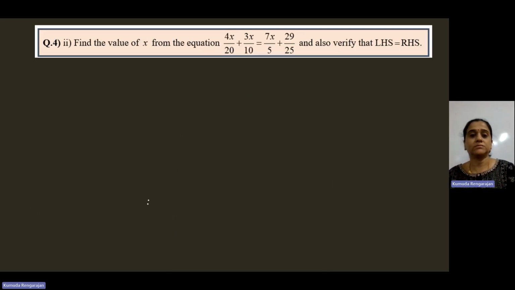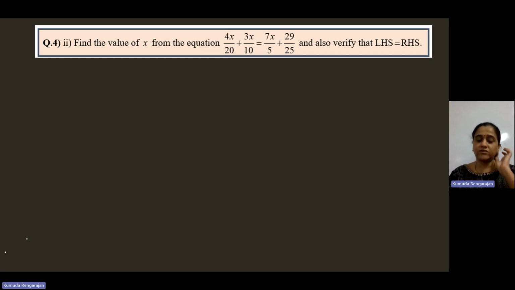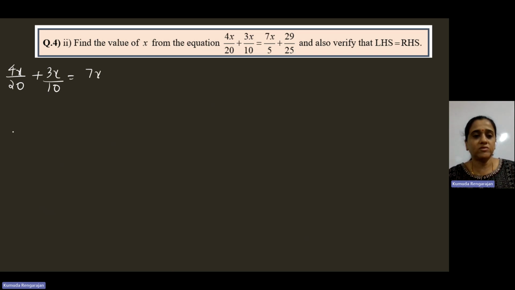Okay, next one. Find the value of x from the equation and also verify that LHS is equal to RHS. So we have 4x by 20 plus 3x by 10 is equal to 7x by 5 plus 29 by 25.